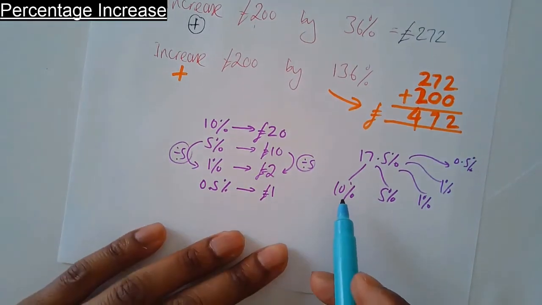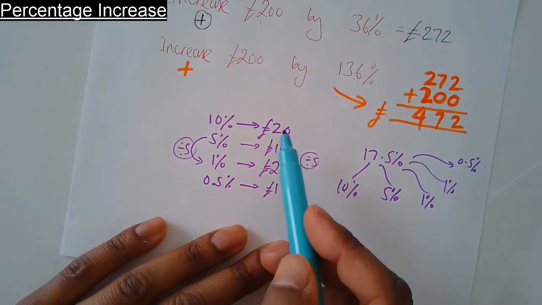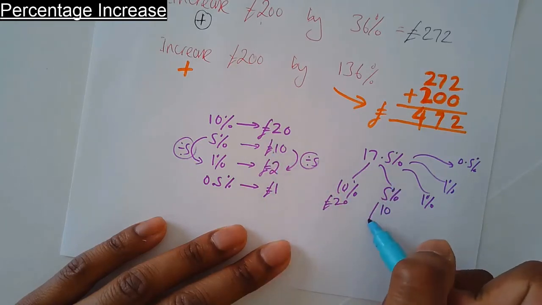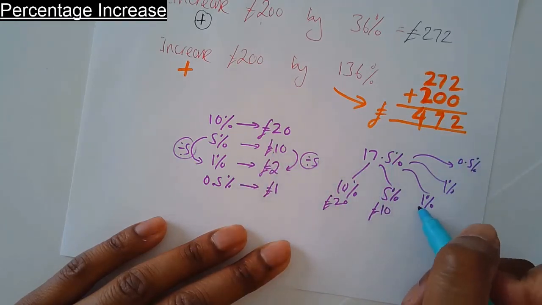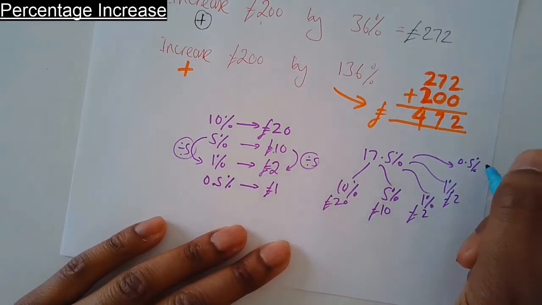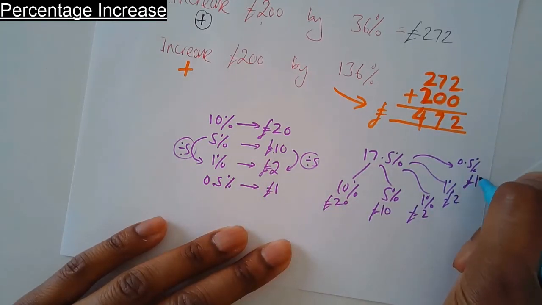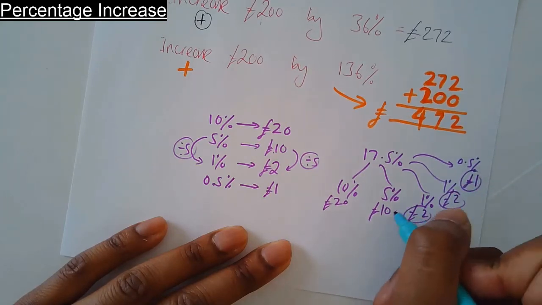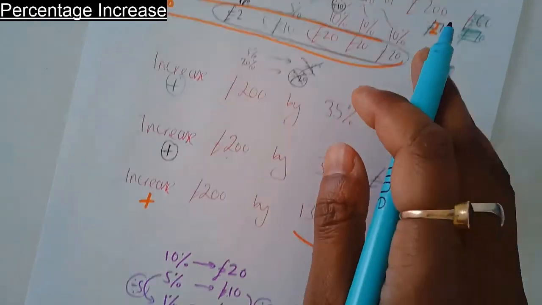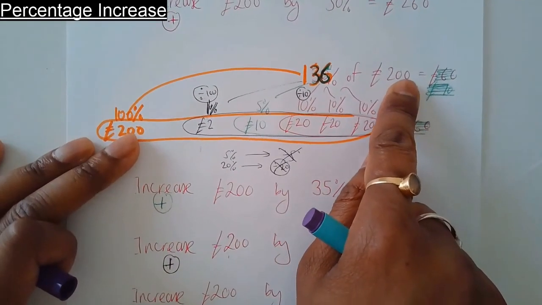So all those values you already know. 10% is worth 20, 5% you know is £10, 1%, 1% again, 0.5%. So you add these up to find 17.5% of £200.